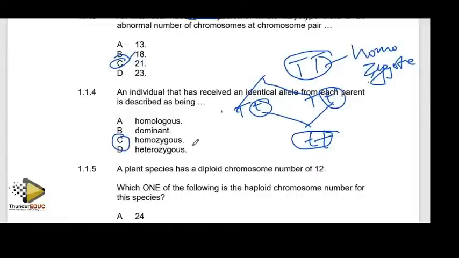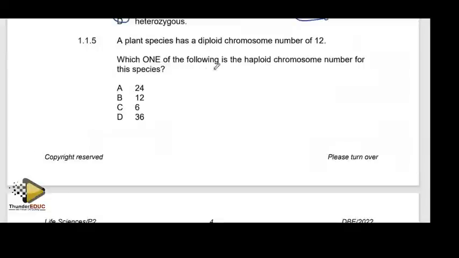Then the next question, they are saying that a plant species has a diploid chromosome number of 12. Which of the following is a haploid chromosome number for this species?